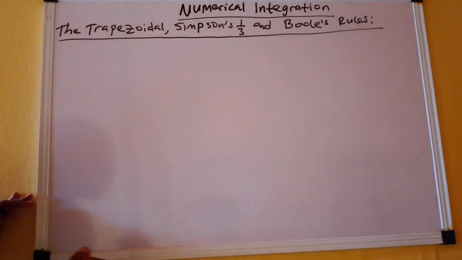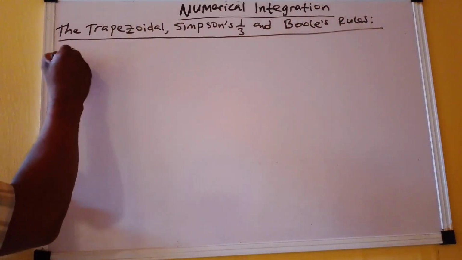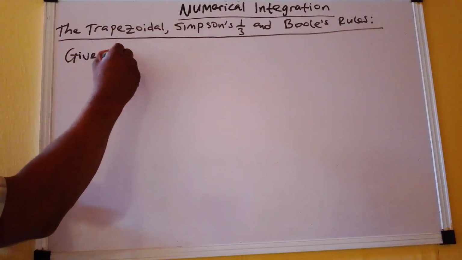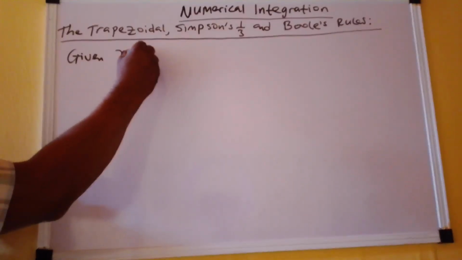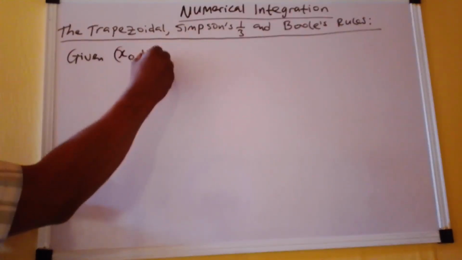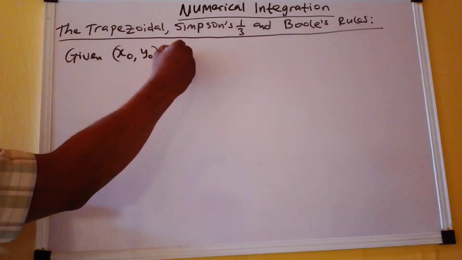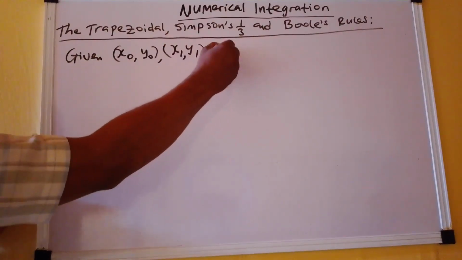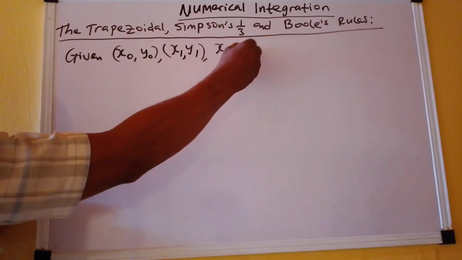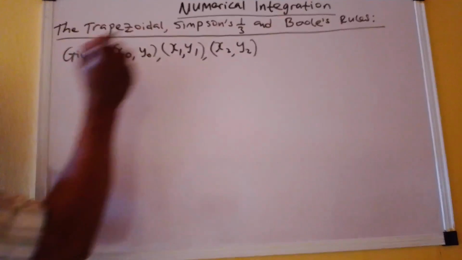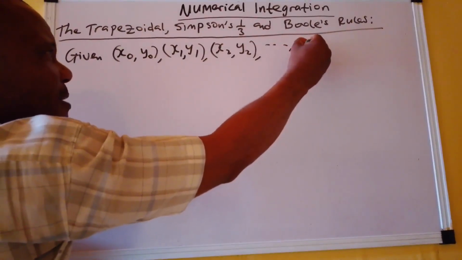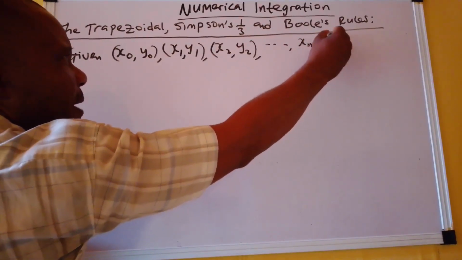Now, in a scenario where you are given a set of data as x0, y0, comma, x1, y1, comma, x2, y2, down to xn, yn.